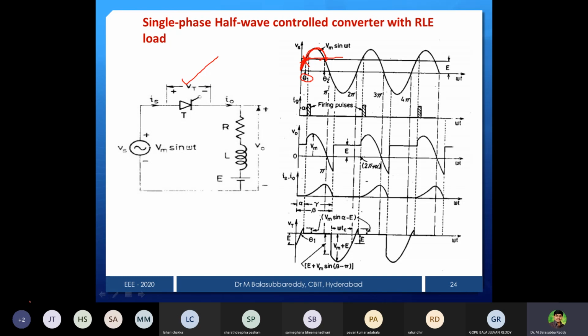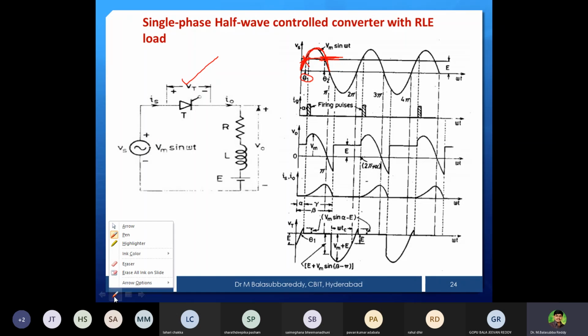The same logic is applicable for the other side, that is theta 2. After theta 2, what will happen? Again, the supply magnitude is less than the battery. After this point of theta 2, the supply magnitude is less but the battery magnitude is more, so again it is reverse biased.